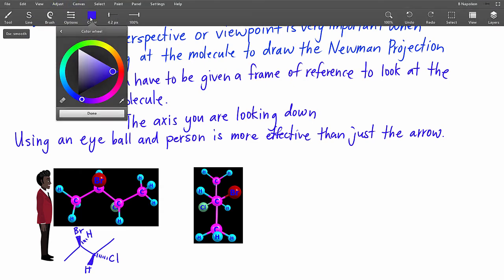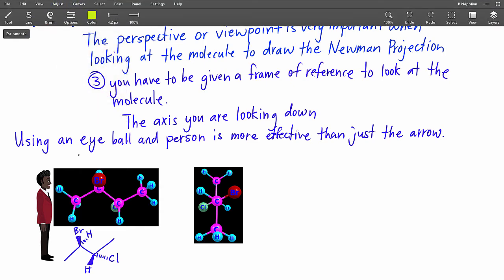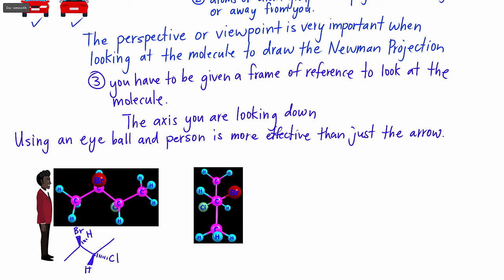So I have to tell you where to draw that Newman projection. This person's eyeball is actually right here, okay? Now, I can draw out that projection.